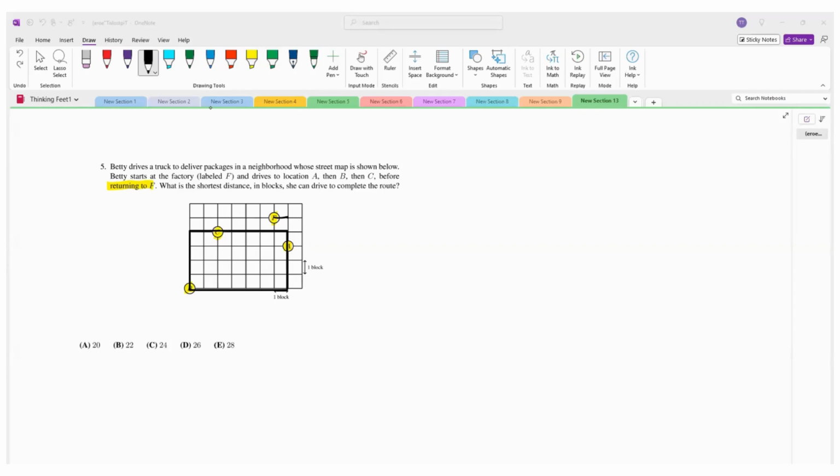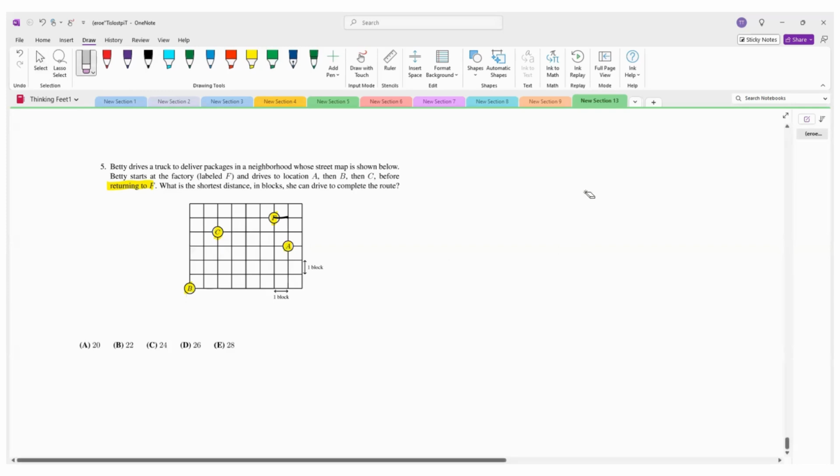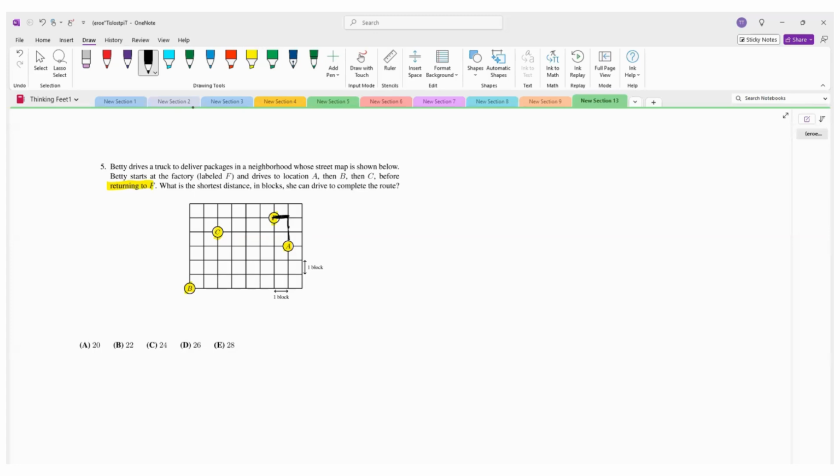It assumed that I'm drawing a rectangle. Okay, let's start again. So I'm going to draw it again. So I got 1, 2, 3, 4, 5. Let me change color. 6, 7, 8, 9, 10, 11, 12, 13, 14, 15, 16, 17, 18, 19, 20, 21, 22, 23, and 24. Right?